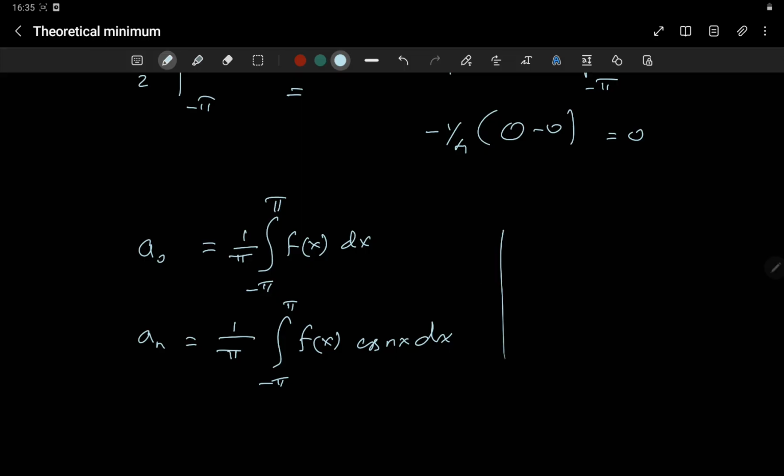Similarly for bn, which is equal to 1 by pi integral from minus pi to pi of f of x sin nx dx. So that's what the Fourier series is. The Fourier series can be seen from a linear algebra perspective.